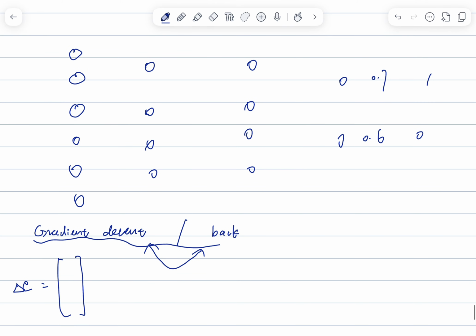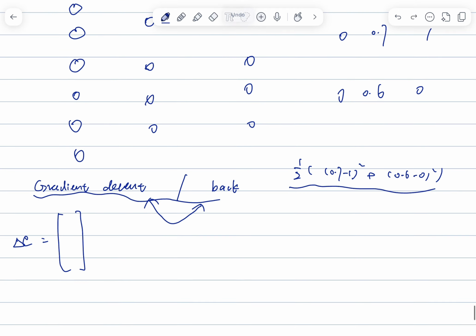So we're going to calculate it like this: 1/2 times (0.7 minus 1) squared plus (0.6 minus 0) squared. Once we have that, this is our cost function. I'm trying to minimize the cost function.